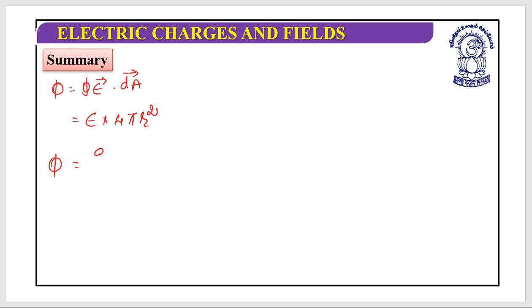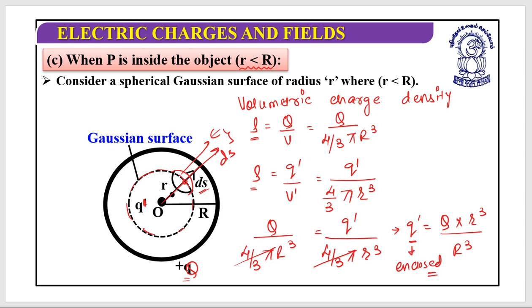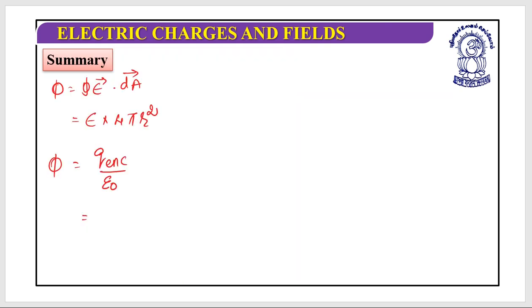I know that flux is equal to Q enclosed by epsilon naught. And what is Q enclosed? It is Q multiplied by r cubed divided by R cubed, that is Q multiplied by the cube of the distance divided by the cube of the radius.